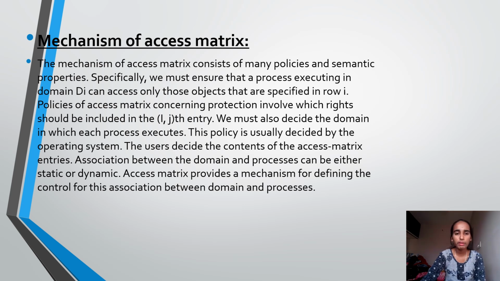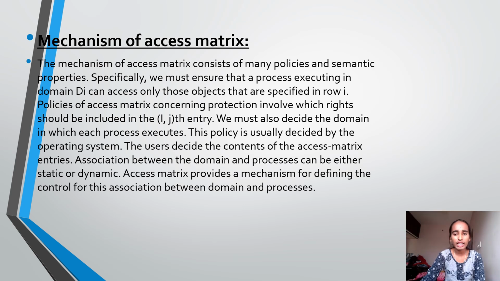Let us move on to the mechanism of access matrix. The mechanism of access matrix consists of many policies and semantic properties. Especially, we must ensure that a process executing in domain Di can access only those objects that are specified in row i. The policies of the access matrix concerning protection involve which rights should be included in the (i, j) entry.